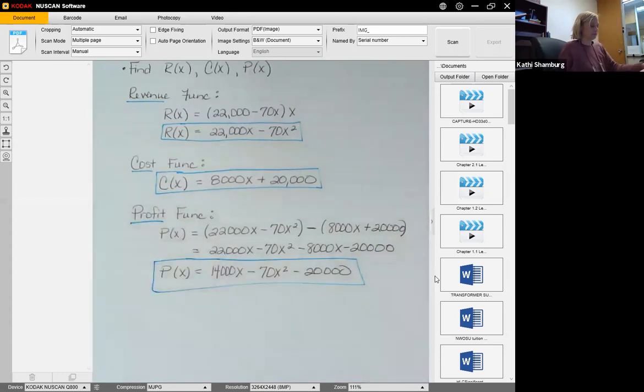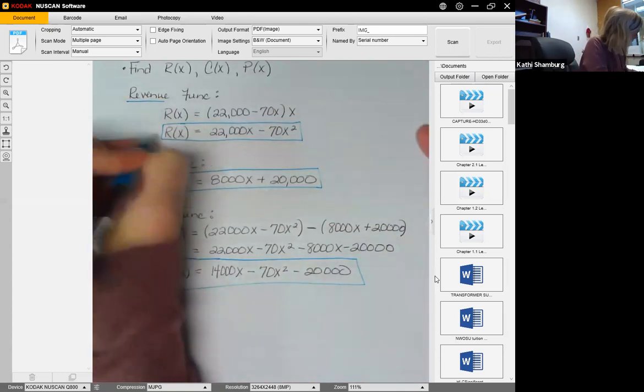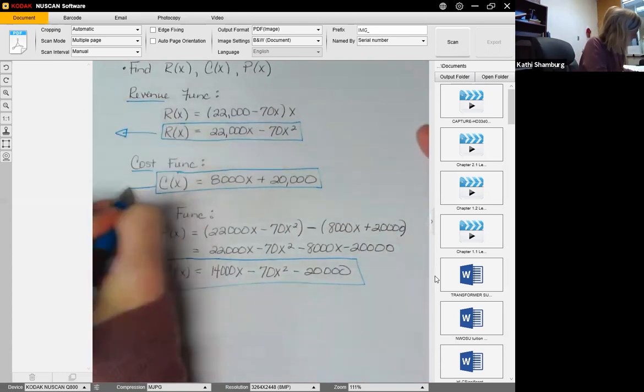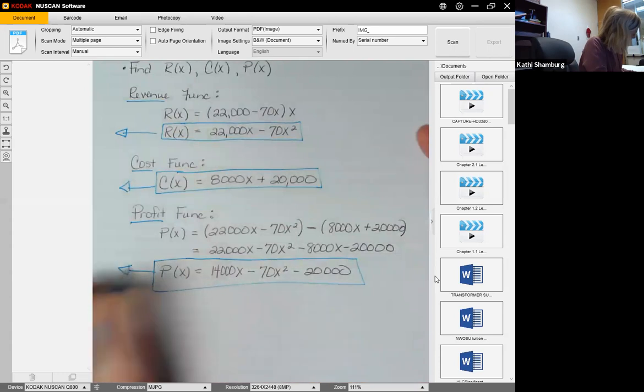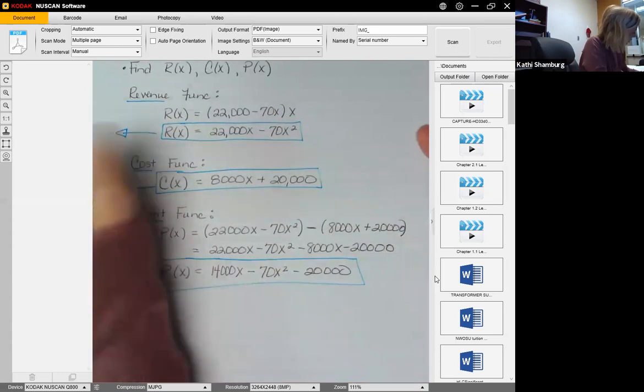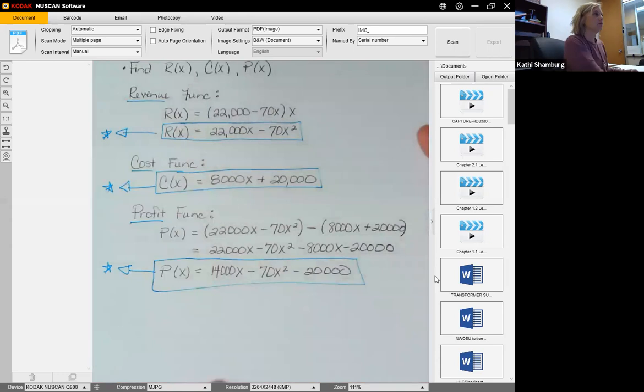All right, so we're going to answer some questions, and here are the functions that we'll be using to answer those questions.